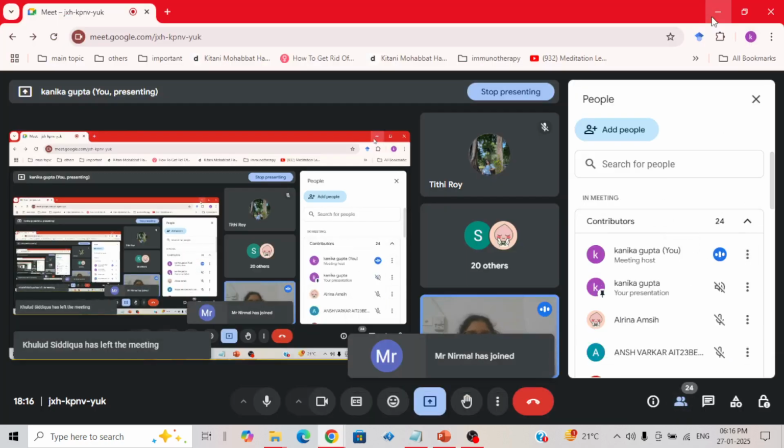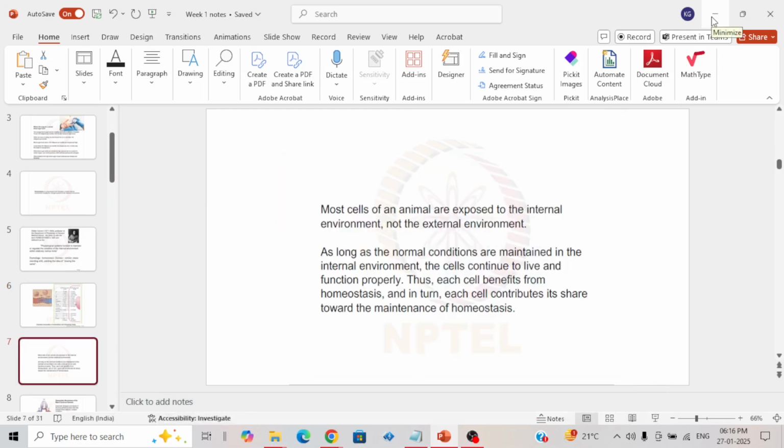Okay, so next thing is, as it says, most cells of an animal are exposed to the internal environment, not the external environment. That is why the balance should be maintained in the internal environment, because the external environment is not something which is in our control, but the internal environment should be maintained for a body to function properly.